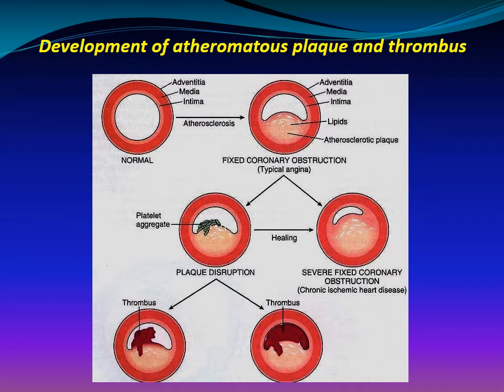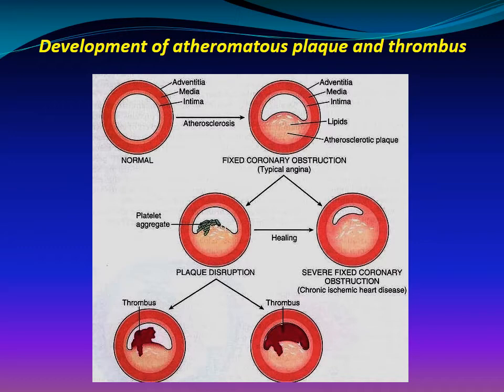Development of atheromatous plaque and thrombus. The artery wall consists of three distinct layers: intima, media, and adventitia. Atherogenesis is the process of formation of plaque in the intima layer of the arteries.